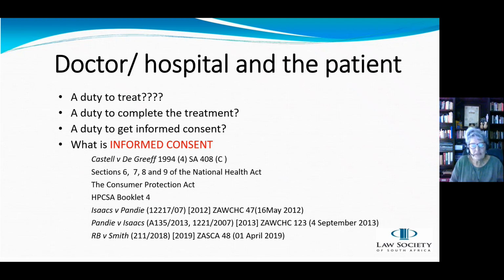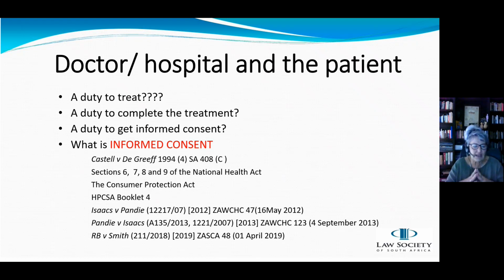In order to get informed consent, the facts or the risks or the benefits or the alternatives must be explained to the patient in a language that patient can understand and on a level of intellect that patient can comprehend everything and then take a decision.